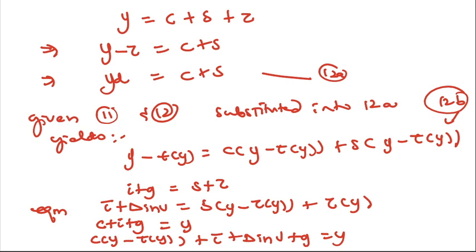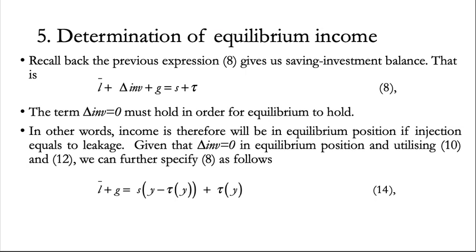If we try to look at it analytically, let's move to this slide. This is what I said just now. If we have equilibrium, then we can have the saving-investment balance, which is depicted in expression 8 here. This is investment and this is G equals S plus tau, isn't it? Now, this term should be equal to zero so that this equilibrium holds.